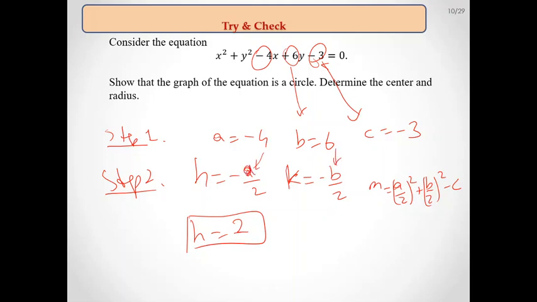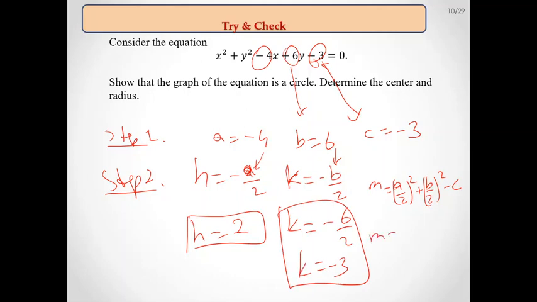And 6 here, so k will equal -6 over 2, which is -3. And m will be a over 2 squared plus b over 2 squared. I can take the minuses away because the minus squared will be positive again. It will be 3 squared here. Minus c, c is -3.